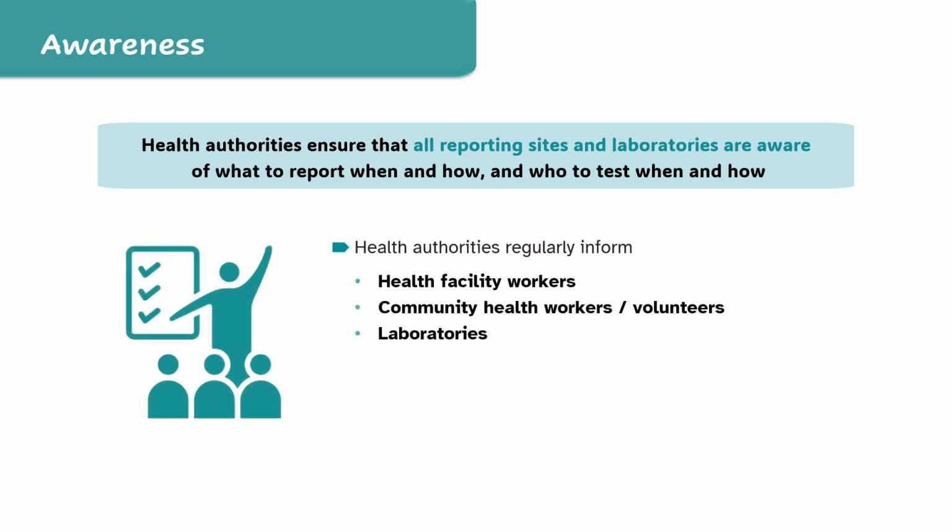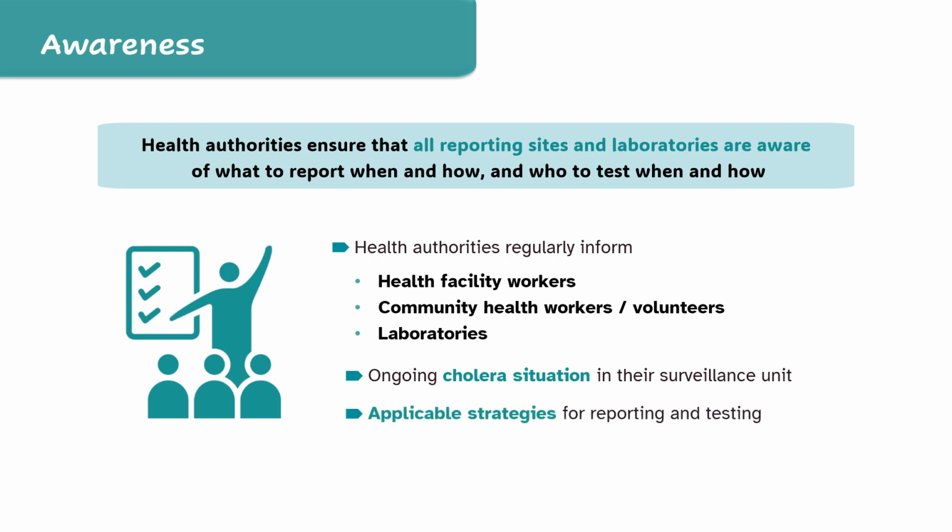Health authorities regularly inform health facility workers, community health workers or volunteers implementing community-based surveillance, as well as laboratories, on the cholera situation in their surveillance unit, and on the applicable strategies for reporting and testing suspected cholera cases.